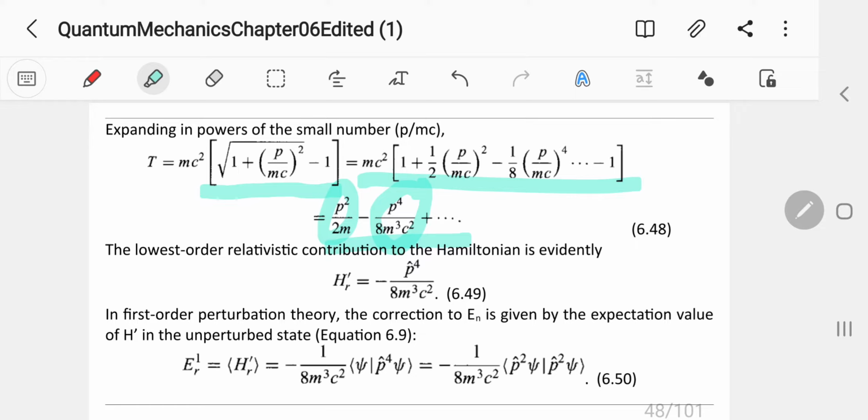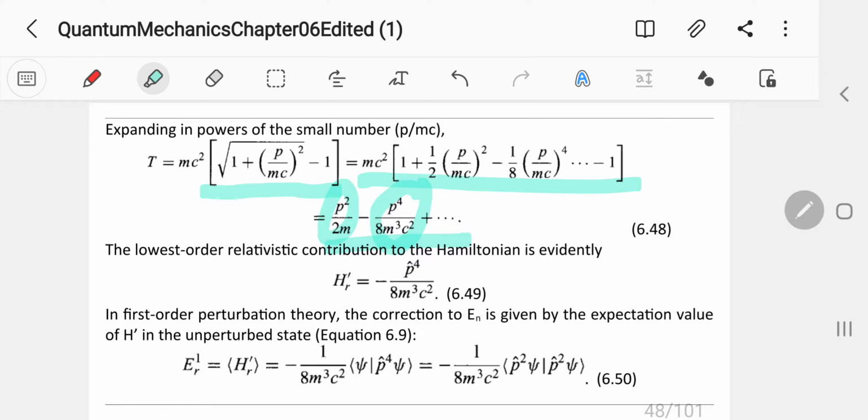And if we include that, that would be the relativistic correction, or the first order perturbation, I mean the largest relativistic term, in order to find the first order perturbation on the energy of the hydrogen atom.